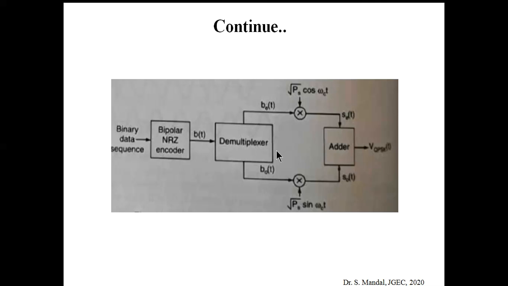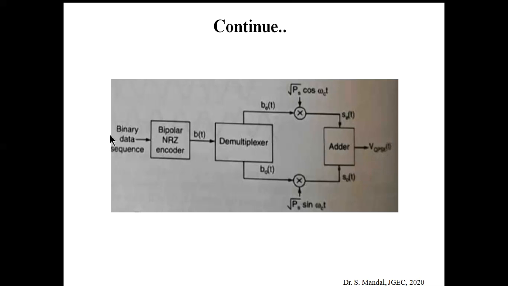Next, we need a demultiplexer, or you can call it a splitter, that splits the bits into the odd and even parts. After that we need two balanced modulators or multipliers, and two locally generated carriers cos omega ct and sin omega ct. After that we need an adder, and after that we will get the corresponding QPSK.